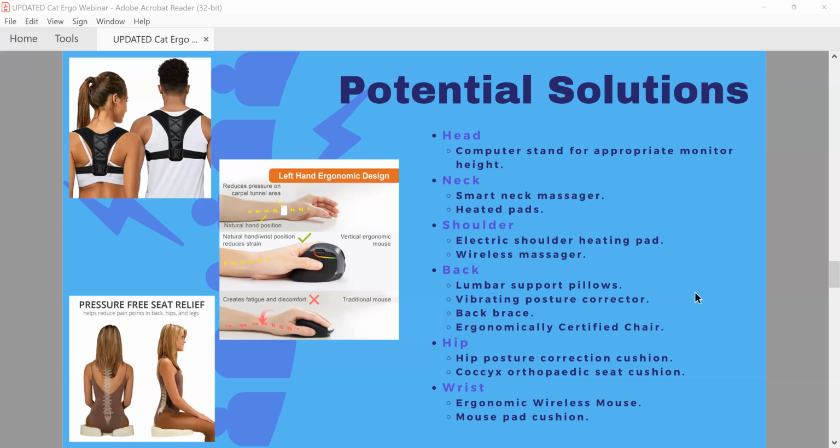But you're in luck because your achy back could be soothed by lumbar support pillows, a posture corrector, a back brace, or an ergonomically certified chair. Usually if you have an achy back, you also have achy hips, right? So for your hips, a posture correction cushion or coccyx orthopedic seat cushion might provide you with some much needed relief and comfort.